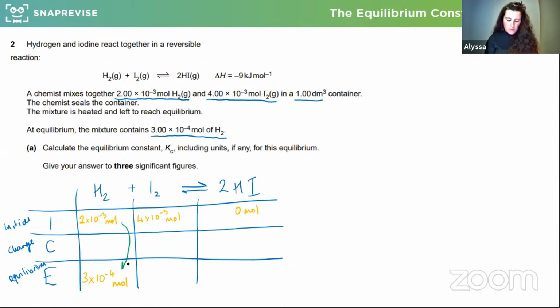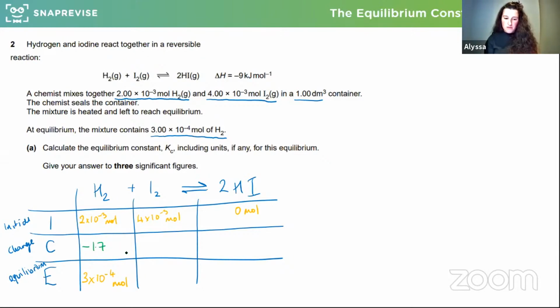It's gone from 2 times 10 to the minus 3 moles to 3 times 10 to the minus 4 moles. We've only got one piece of information missing here, so we can work out what that information is. If I do 2 times 10 to the minus 3 minus 3 times 10 to the minus 4, I can work out we've lost 1.7.